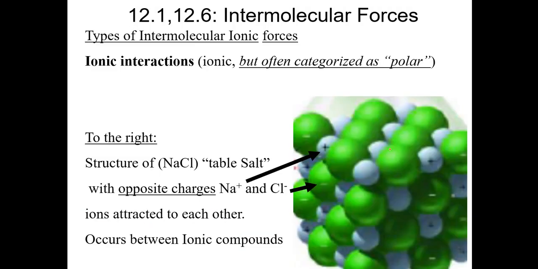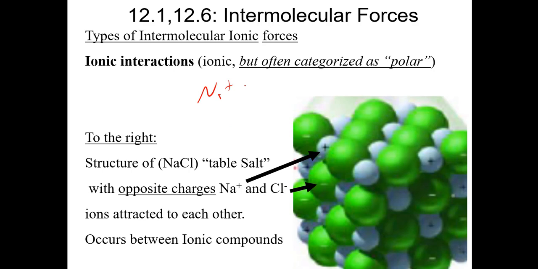So let's go into each of the 4 types of intermolecular forces. We'll start with ionic forces. In short, the whole reason intermolecular forces occur is due to opposite charge attraction. So every time I talk about the concept of an intermolecular force, just keep in mind that there's some sort of opposite charge attraction that's occurring.